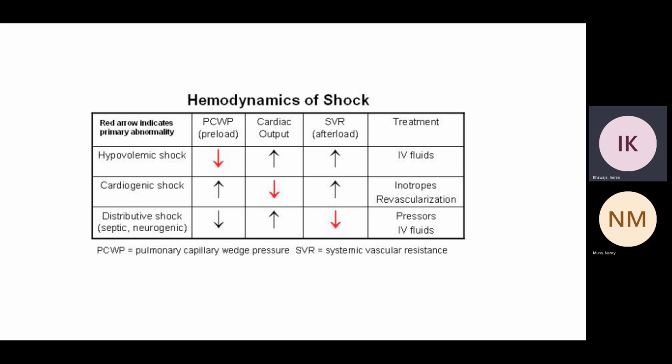In septic shock, depending on whether patients are volume resuscitated or not, it could be low or normal, but the output will be high with distributive shock. This should be low, sorry. And then the SVR will be high, and low here.